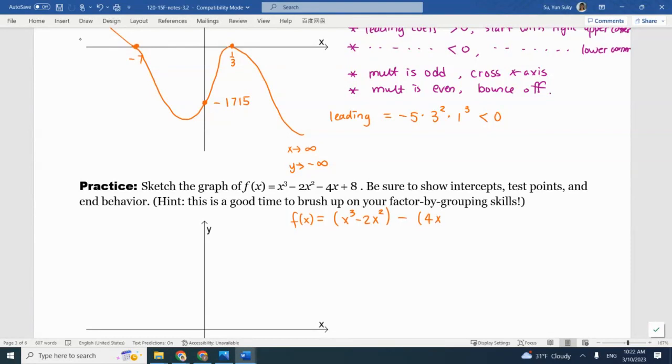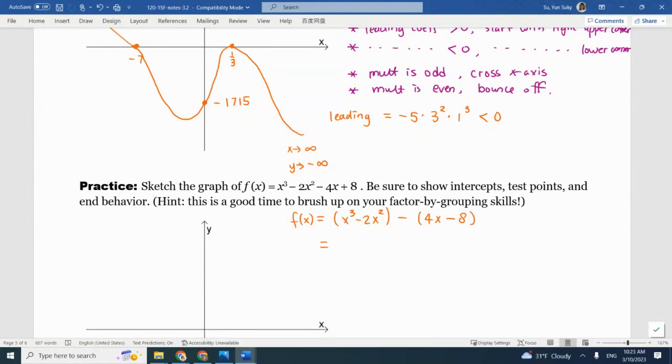Do I put positive 8 or negative 8? Negative. Yes, because if we put a parenthesis here, we need to put the sign in the middle.